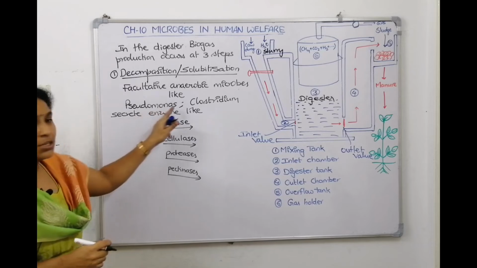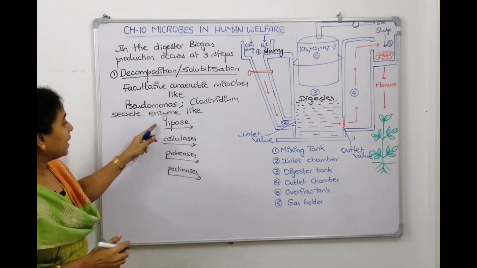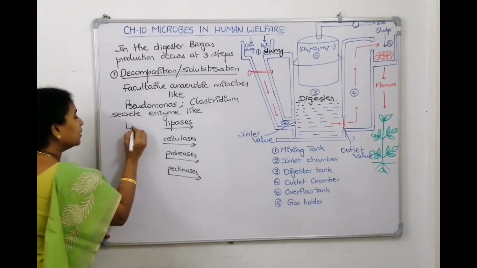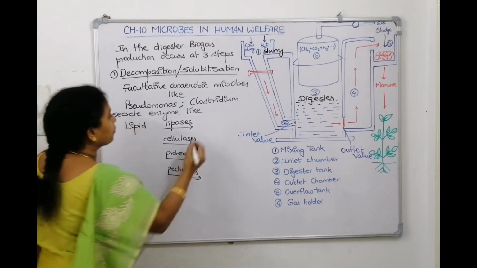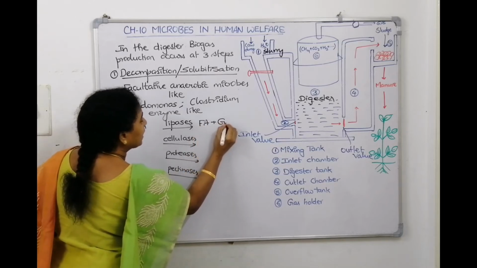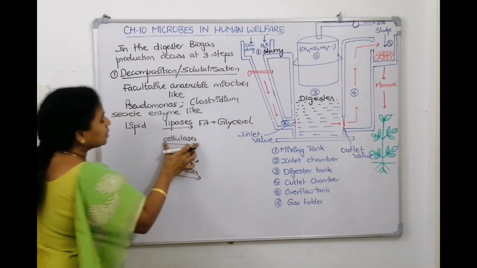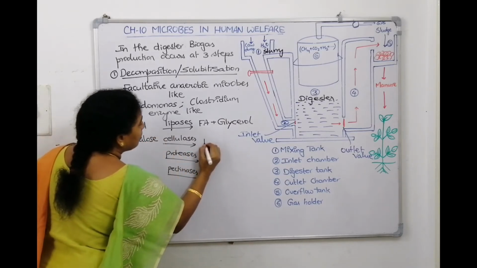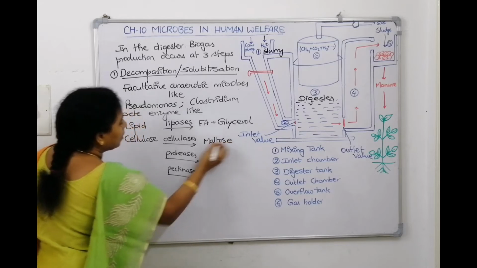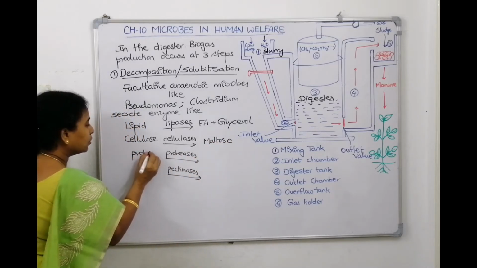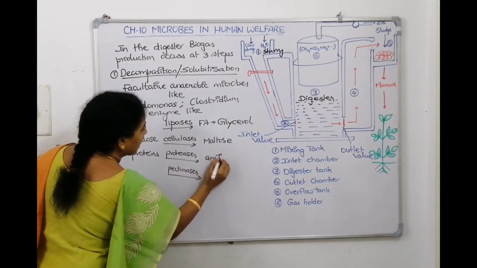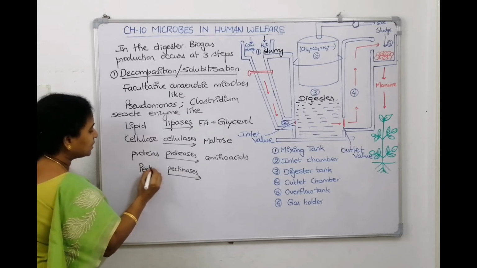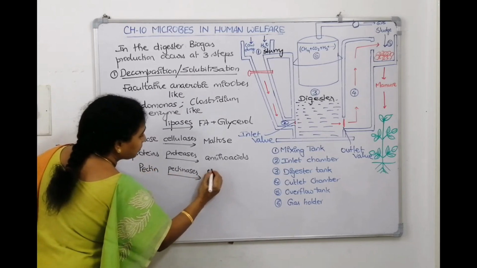So the bacteria secrete enzymes like lipases, cellulases, proteases and pectinases. Now they break the organic material. Lipid is broken down into fatty acids and glycerol. Cellulases will break the cellulose into maltose. Proteases break proteins into amino acids. And pectinases break pectin into simple sugars.